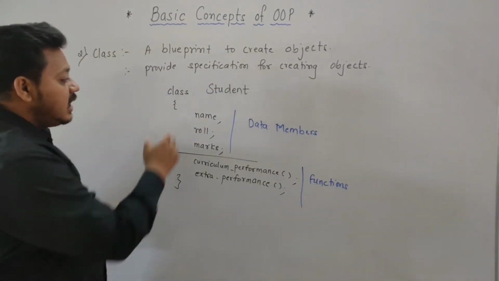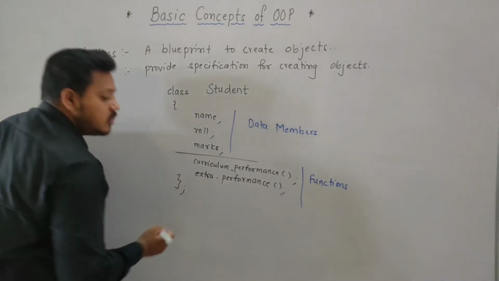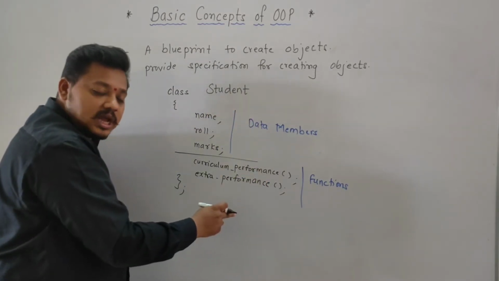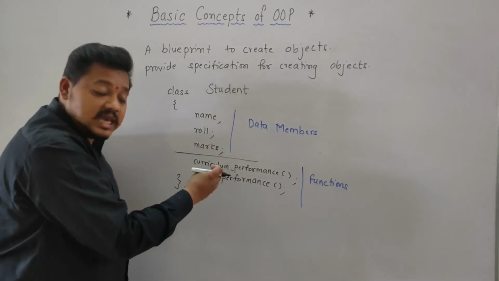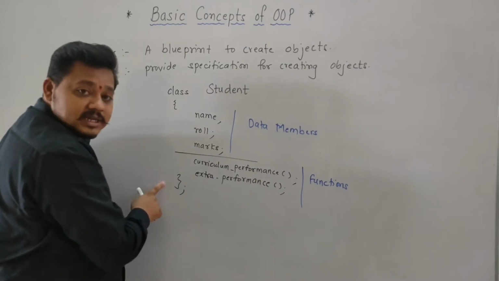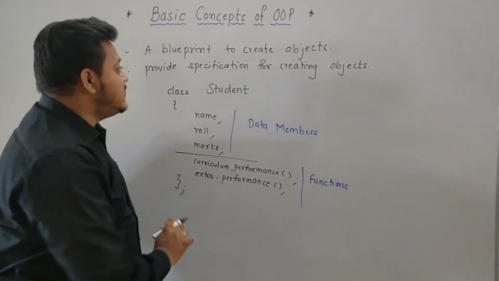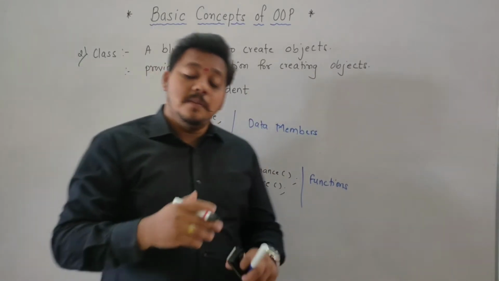Now after declaring the class, when I have to close the class, I will require a semicolon. So this is the body of my class, and I am going to define the class in a pair of curly brackets, after which I am going to write the semicolon. So this is the syntax of class. So what is class? Class is a blueprint to create any object.